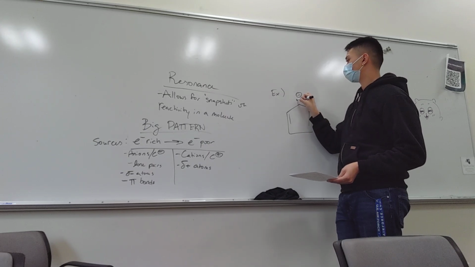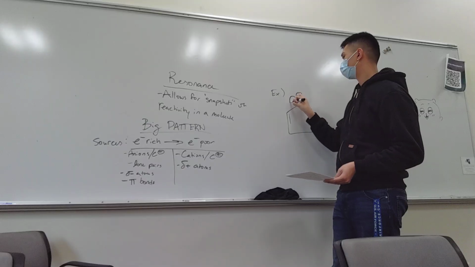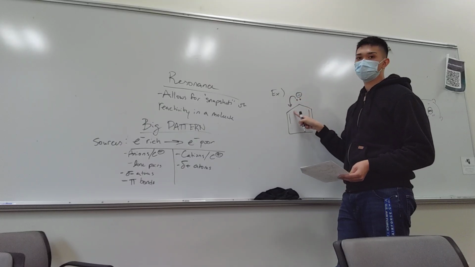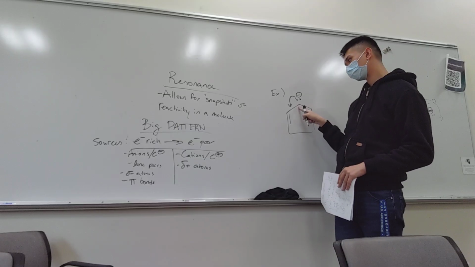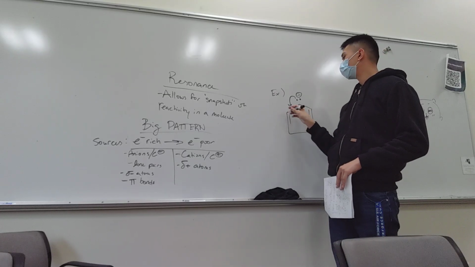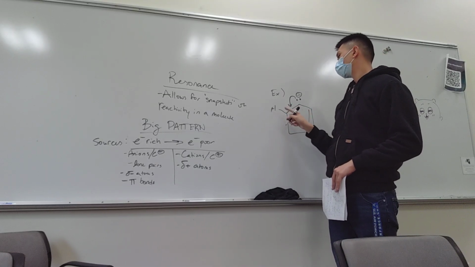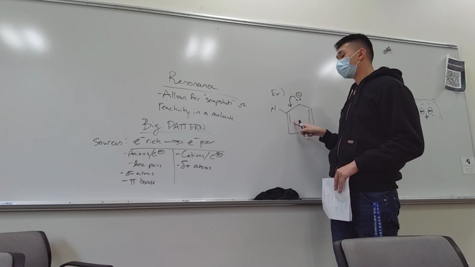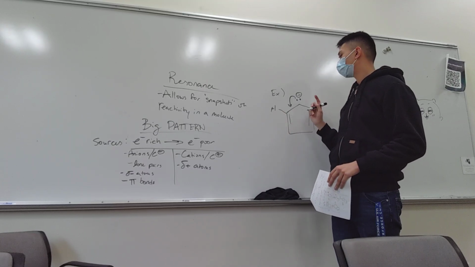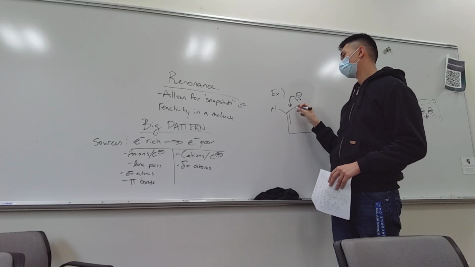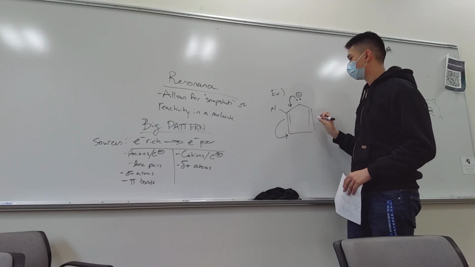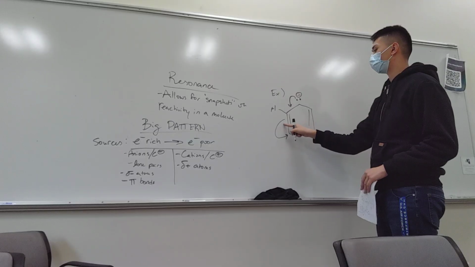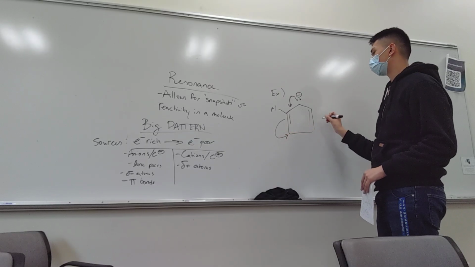So this pair of electrons is going to be donated to make a pi bond between this carbon and that carbon. But, oh no, this carbon has 2, 4, 6, 8 electrons. We can't make this pi bond, so this has to go somewhere. So this pi bond will break and become part of this carbon.